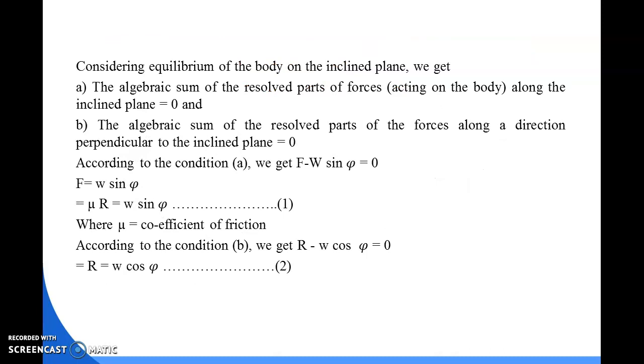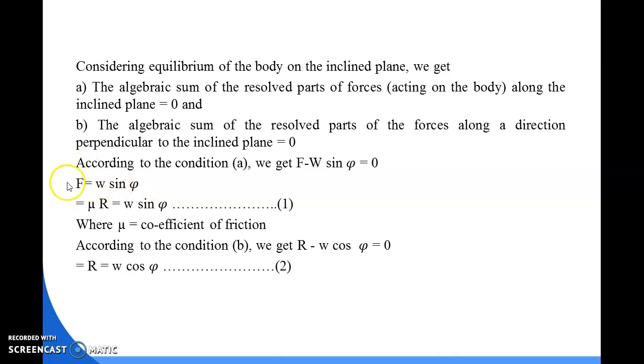So while applying the equilibrium equation along the horizontal direction, we have friction force minus W sin phi is equal to 0. That is, F is equal to W sin phi.